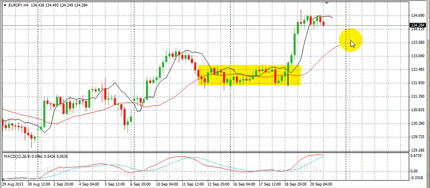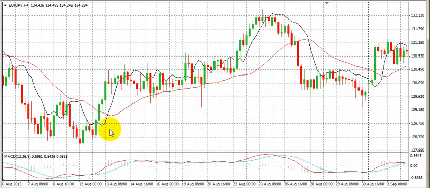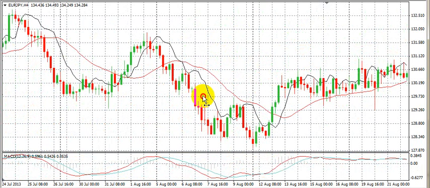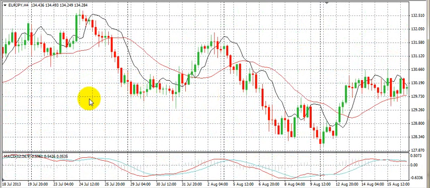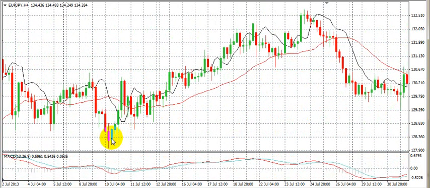You can see that there has been an upward move, some consolidation over here, and a small upward move before retracement. Upward move, consolidation, upward move. You could see that in a lot of places.